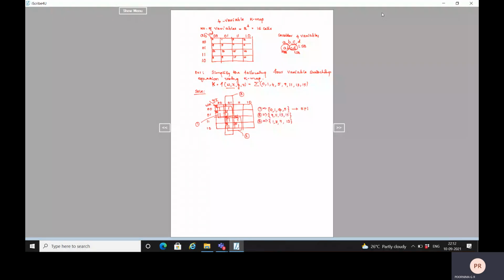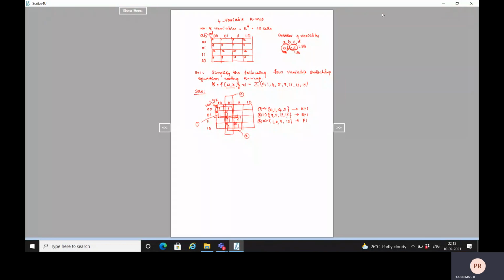If the second group is considered, in which 13 and 15 have been grouped only once, this is also an essential prime implicant. Whereas in group number 3, cells 1 and 5 have already been combined with 0 and 4. Similarly, 9 and 13 have been combined with 11 and 15. So hence this is only a prime implicant.